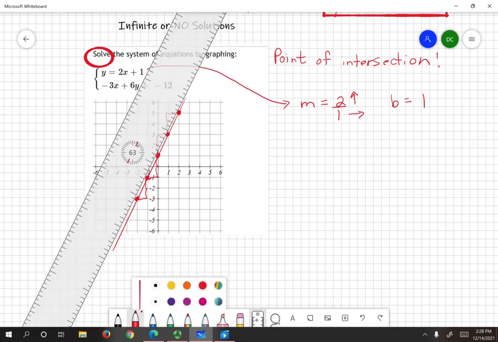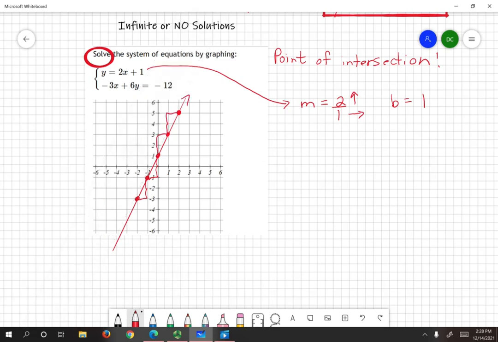Then in my next problem, let's do it in blue. I've got negative 3x plus 6y equals negative 12. I want to get y by itself, so I'm going to add 3x to both sides.